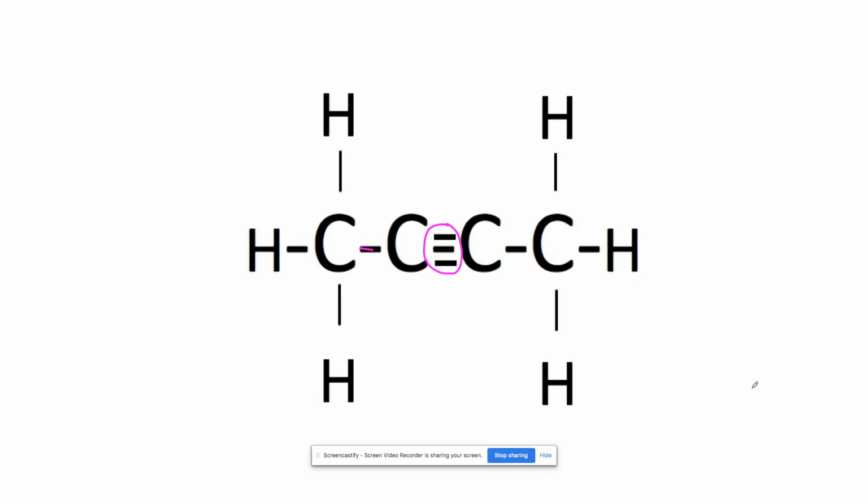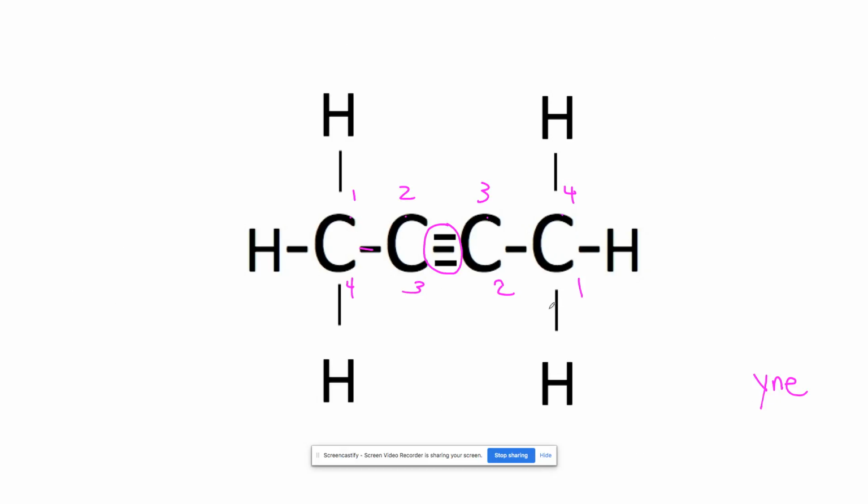So if this is an alkyne, the suffix is -yne. You don't need to memorize this. It's on table Q. Then we need to figure out the prefix. How many carbons? 1, 2, 3, 4. And I'll number them. 1, 2, 3, 4. Only one of those numbering schemes is correct.